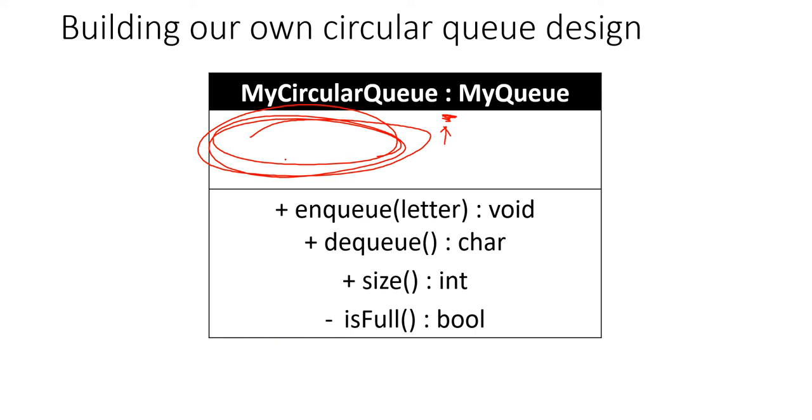And it is going to have some of its own methods. It's going to be using polymorphism to override the methods in the parent class, overriding the onQ method, the dq method, the size method, and the isFull method. So we're building on our existing design and changing the methods. So we're using inheritance and polymorphism here.